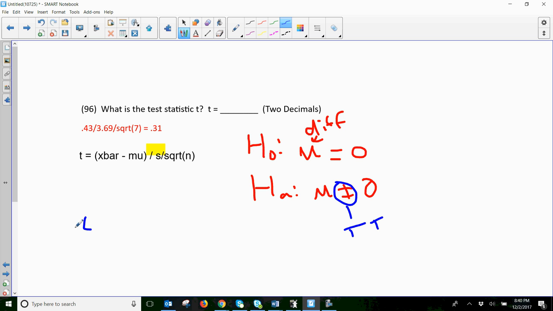So t equals 0.43 divided by the standard deviation, which we got to be 3.69. And then we go ahead and divide that by the square root of n. Well, n was still 7 in this case, right? So square root of 7, and we get 0.31 for our test statistic.